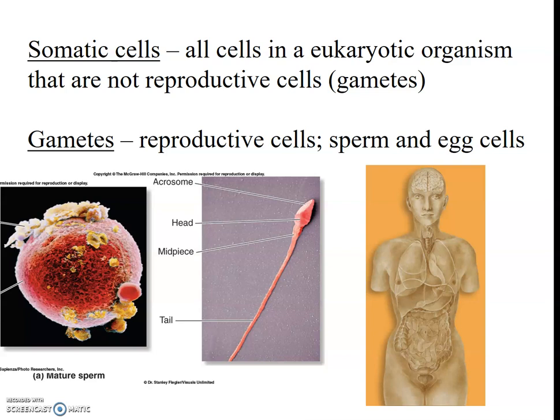When we're talking about the somatic cells, we're going to focus on the process of mitosis, whereas when we're talking about the gametes, the egg and the sperm, we will go through the process of meiosis. Those two processes have a lot of overlap, but they also have some unique features, so we will walk our way through that carefully.